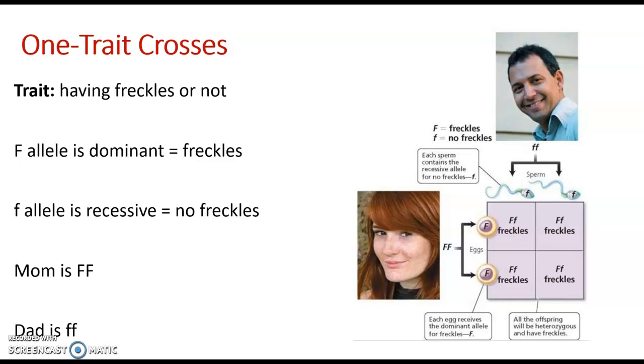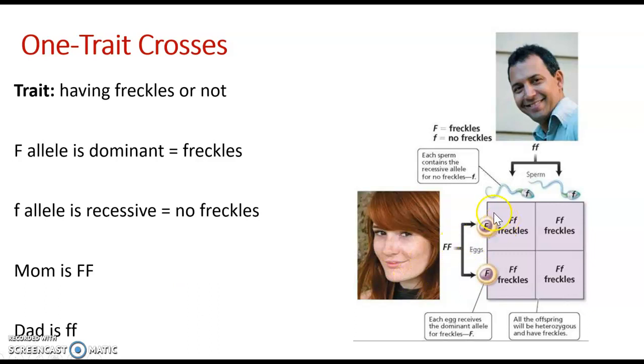So the first step to creating a Punnett square is to determine all of the possible gamete combinations that each parent can form. In this example, each parent can only form one type of gamete when it comes to freckles because they're both homozygous.